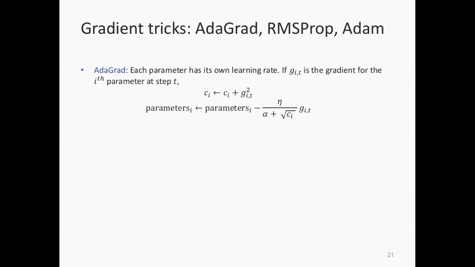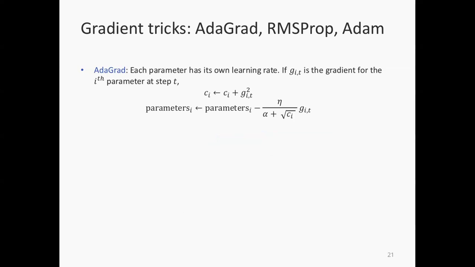Maybe different parameters should get different step sizes. This is easiest explained with a linear classifier. Features that change very, very fast or very often should get smaller step sizes.